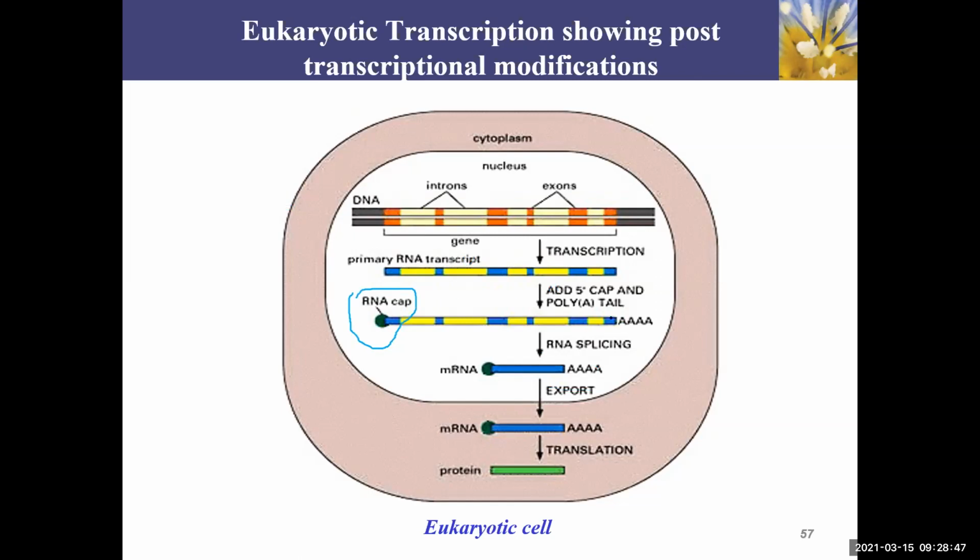And we also add a long adenine tail to it at the 3' end. This capping and tailing is very, very important, because it will protect this mRNA from degradation, because mRNAs get degraded very quickly.